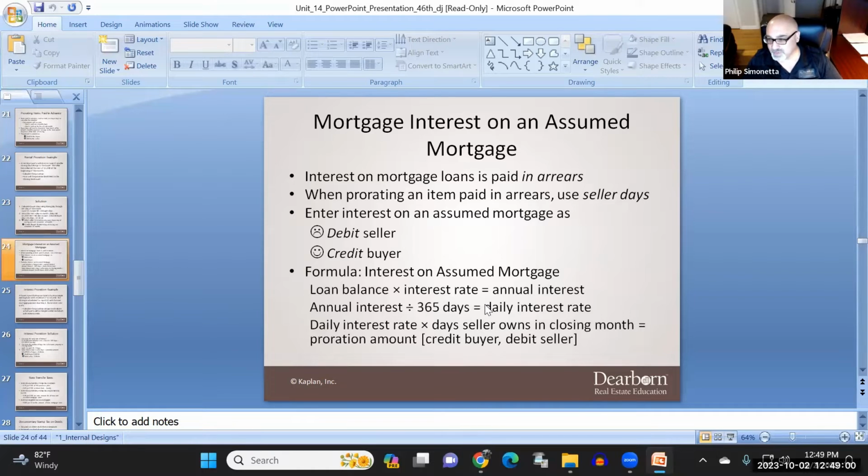Then you multiply that daily interest by the days the seller owns in the closing month. The proration amount will be a credit to the buyer and a debit to the seller, because you're assuming the mortgage, which is not being paid off. The seller lived there for part of the month, so they have to give you the interest, because when you make the next mortgage payment, you would be paying the interest for when they lived there if they didn't give it to you.